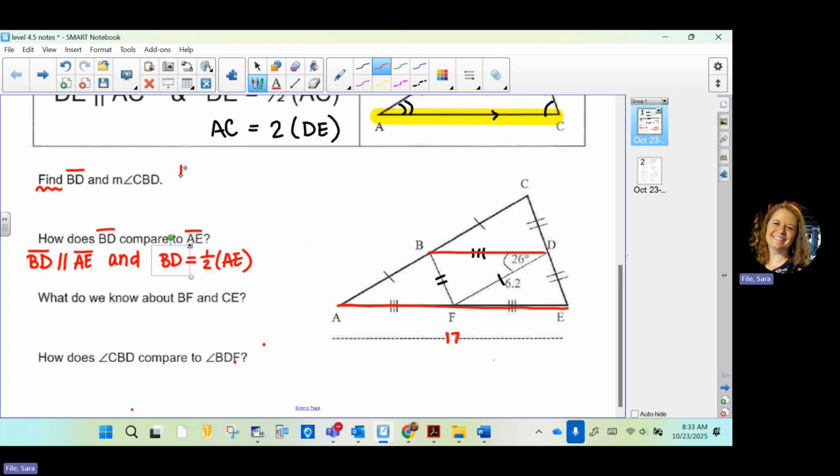So I'm going to take that 17 and divide by 2. You can leave it as 17 over 2. If you divide that, it comes out to 8.5 as a decimal. Okay, so that means that each of these with 3 tick marks is 8.5 units long.